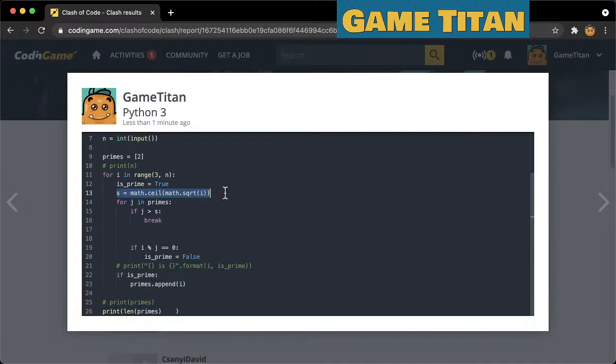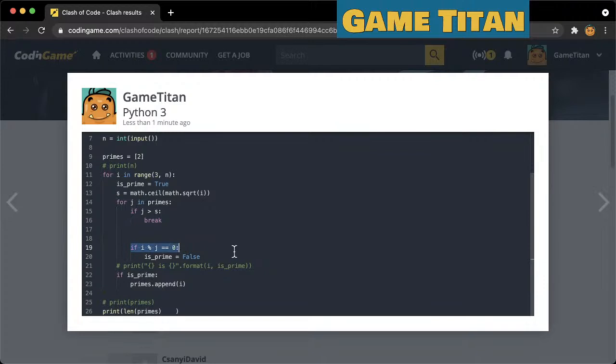And so for any number bigger than this, if you multiply it by something and it equals i, then that other factor you have already tested, so there's no reason to check again. You would have already determined that was a way to get i, and so you only need to check the smaller half of each multiplication, and that's what this does.